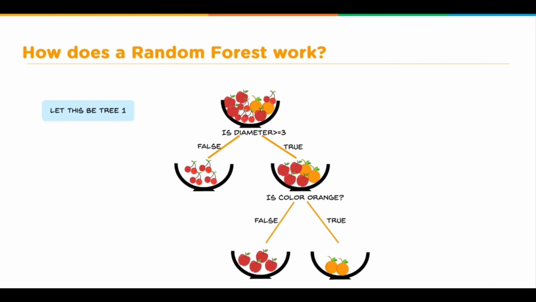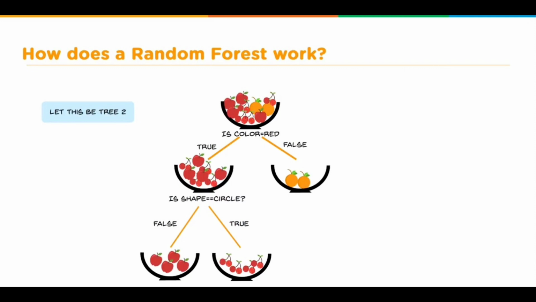So here cherries have diameter less than 3, but oranges and apples have diameter greater than or equal to 3. From these apples and oranges, again the condition, that is color orange; apples fail the condition. So orange is the output for this tree 1.